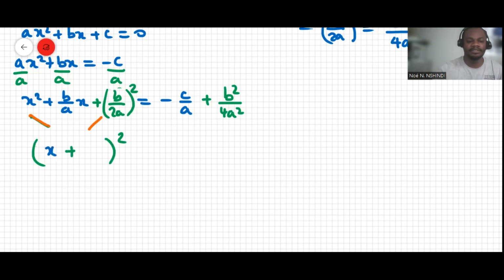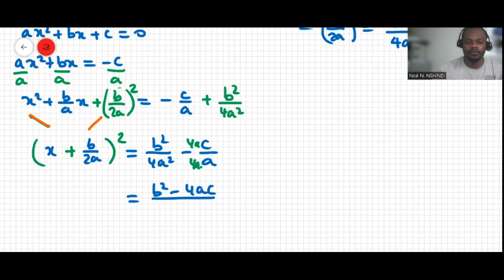That's going to be x plus b over 2a equal to, I can reverse this order, b squared over 4a squared minus c over a. Now, to work it out, I will multiply here by 4a, and here also by 4a. And then this will be b squared minus 4ac all over 4a squared. There we have x plus b over 2a raised to the power of 2.